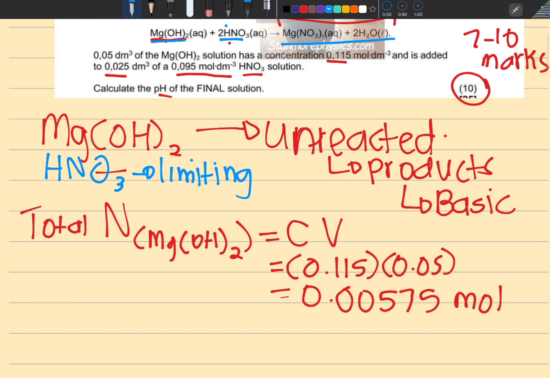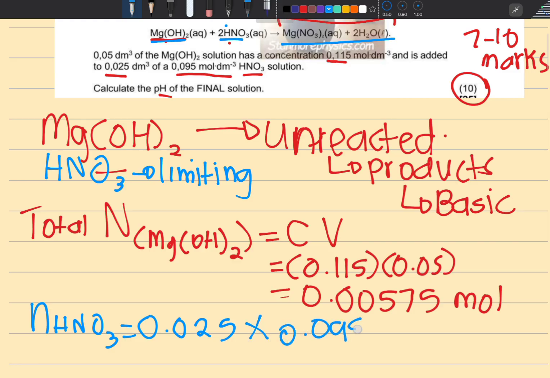So then I'm going to find the number of moles for the limiting reagent, HNO3. That would be 0.025 for the volume, and the concentration is 0.095.